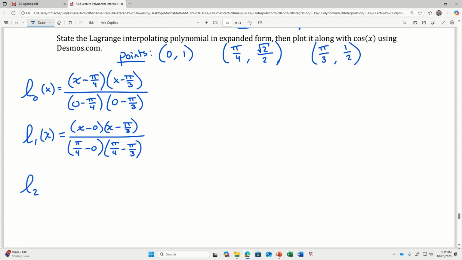When I write my third Lagrange basis polynomial L2, this is going to be x minus 0 times x minus pi over 4 and pi over 3 minus 0 times pi over 3 minus pi over 4.